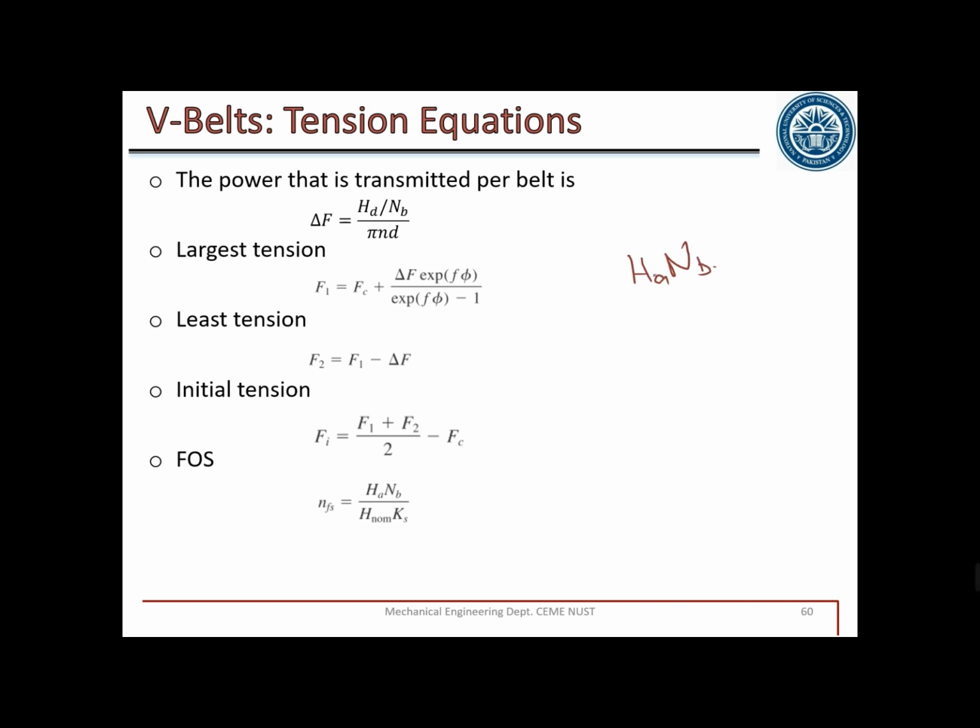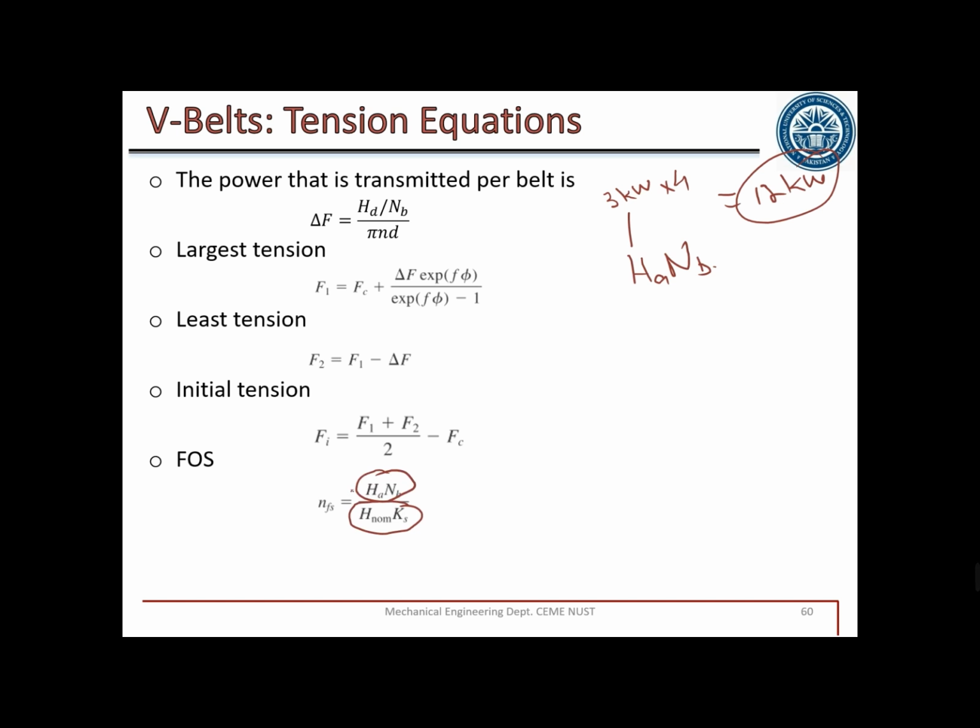Again, instead of using H_d, we use H_a and B. H_a and B is the maximum power that this belt system can support. For example, like the previous example, if a belt can support 3 kilowatt of power, 4 belts can support 12 kilowatt. So this is the maximum power that they can support, not 10, but instead it can support 12 kilowatt, but this is the output power we are getting.